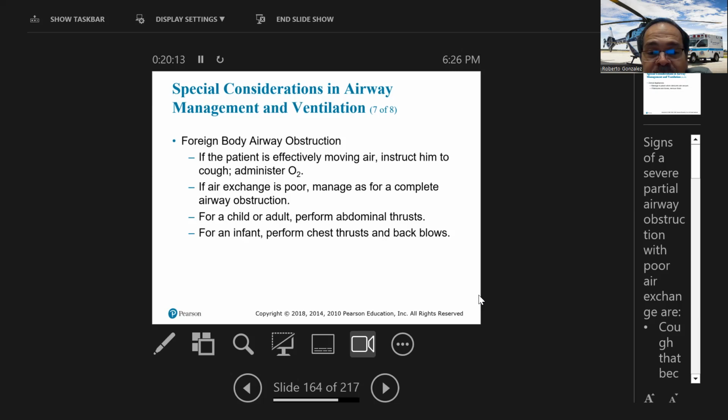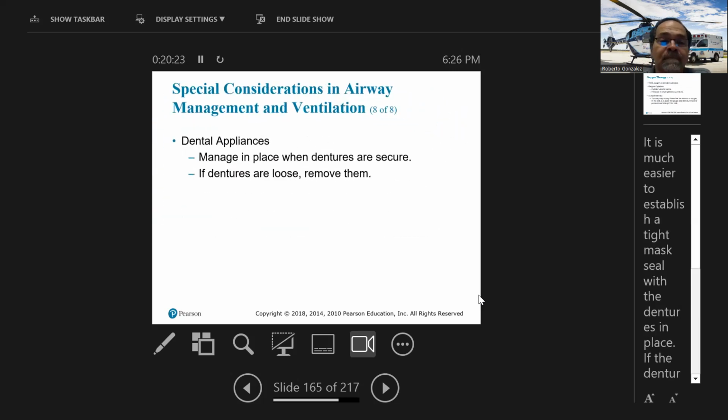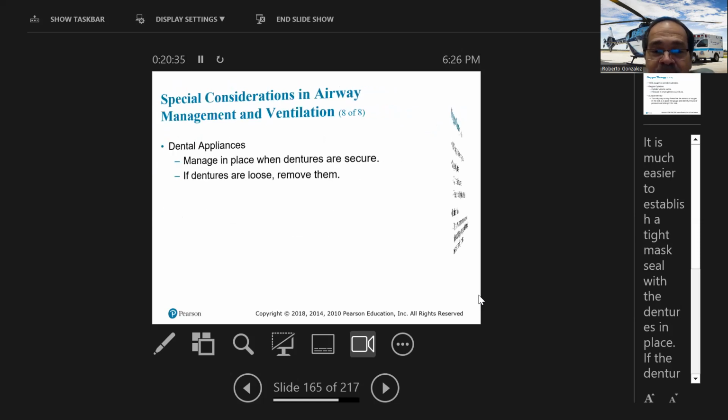For a child or adult, perform abdominal thrusts. For an infant, perform chest thrusts and back blows. This is all from your CPR class. If they have dental appliances, leave them in place when the dentures are secure. If dentures are loose, remove them, put them in a safe place, and ventilate the patient.